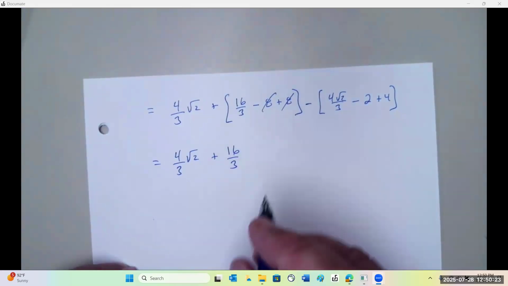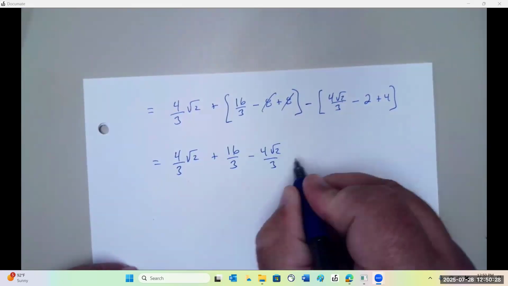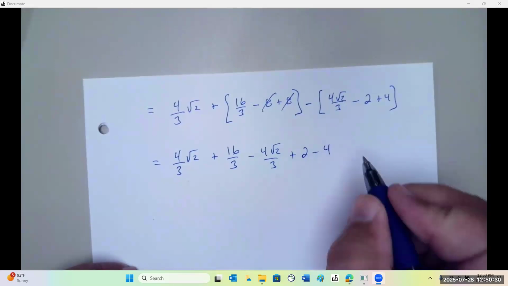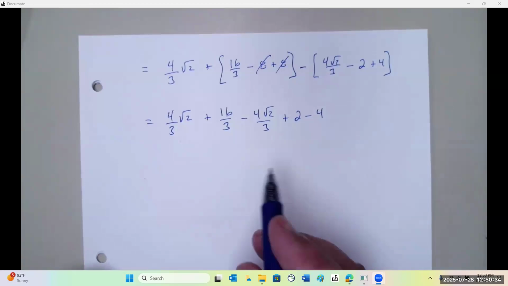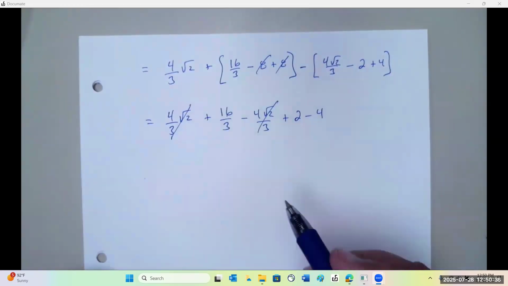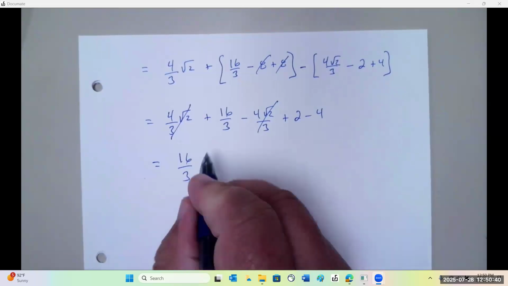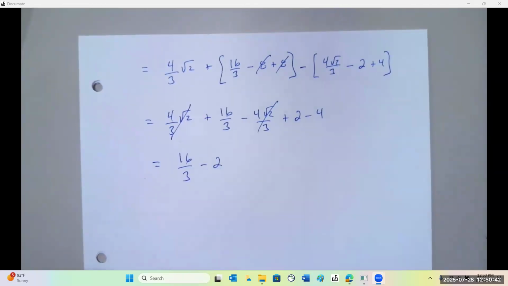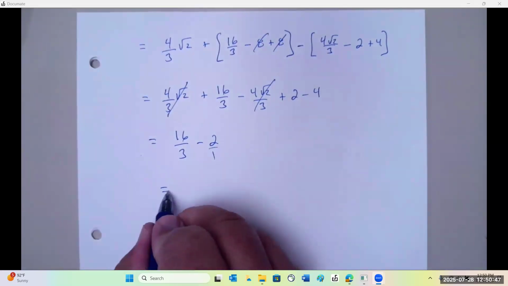Those cancel. 16/3 minus 2 over 1, the common denominator.